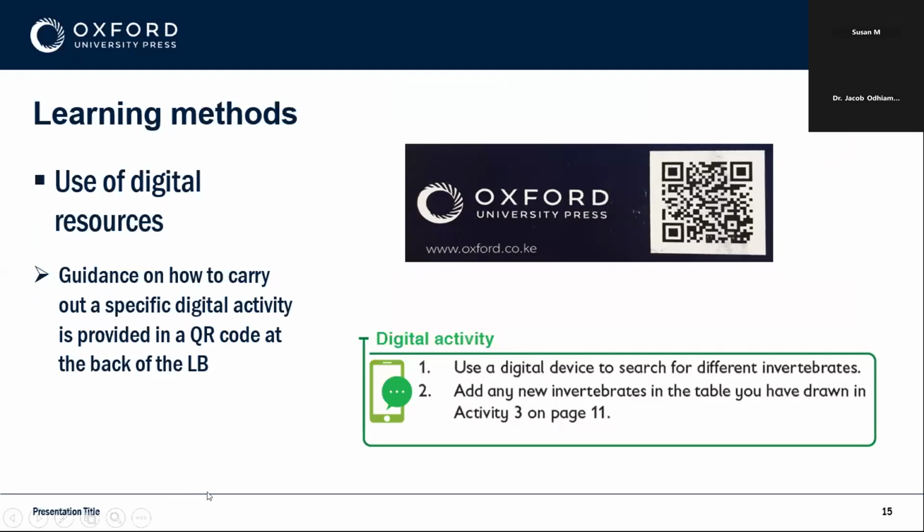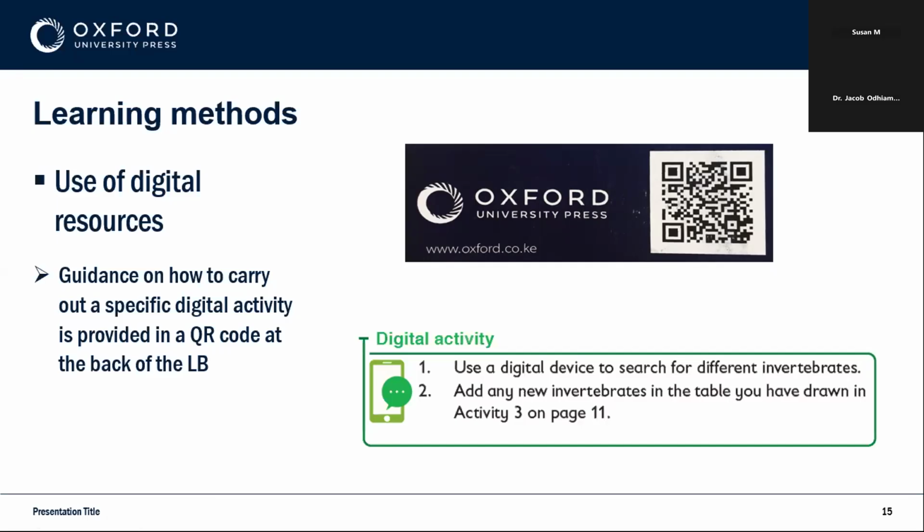There was a sample of a QR code there, which was scanned, and then it gave us a video. So the QR code, you need to scan it using your smartphone. You just install the app for scanning a QR code. Then there are a lot of resources there. Videos are there, animations are there, pictures are there, even questions are there.